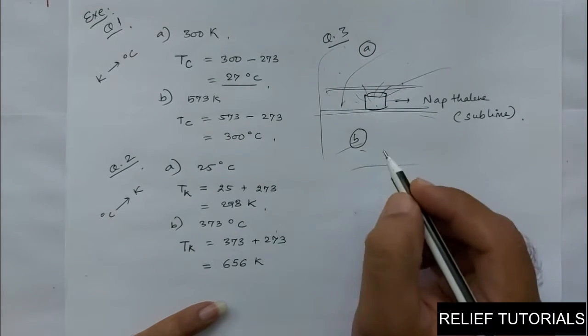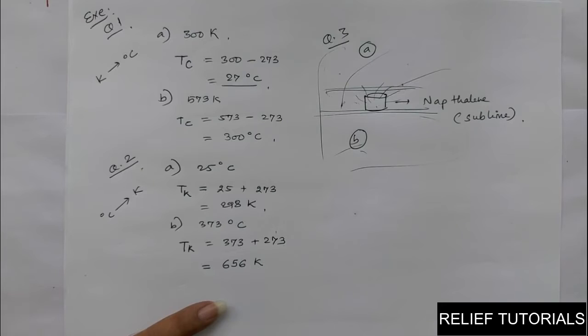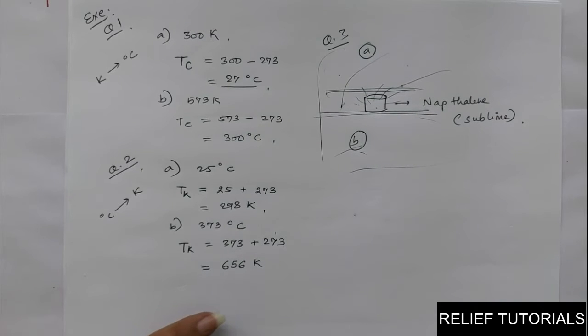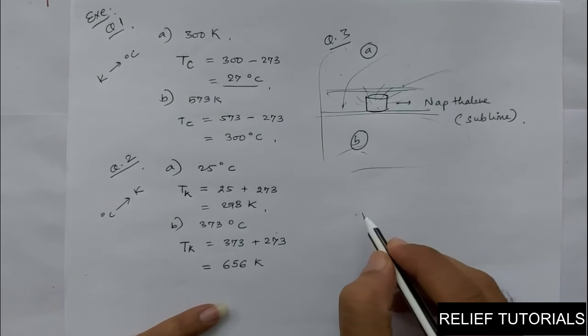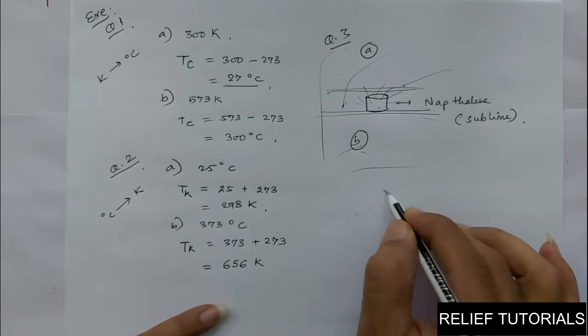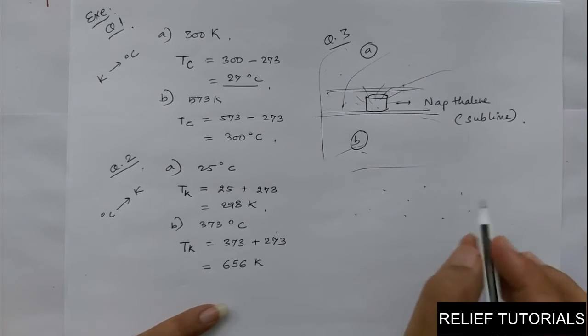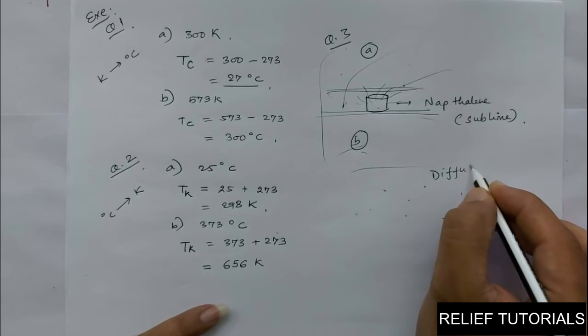And what is B? We can get the smell of perfume sitting several meters away. When you spray perfume on your body, what happens? The perfume particles mixed in the air. In place of mix, we can use the proper word called diffuse.